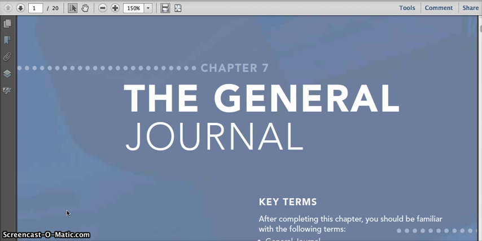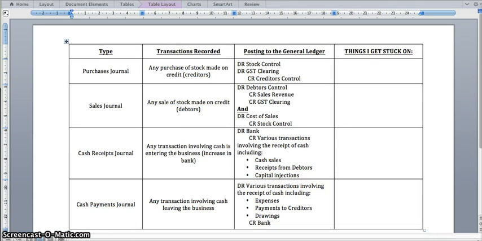So basically, we've got all these special journals that we can use to group all like transactions in the one area, and then we can summarize it and move that information directly into the general ledger in a simplified or summarized form.